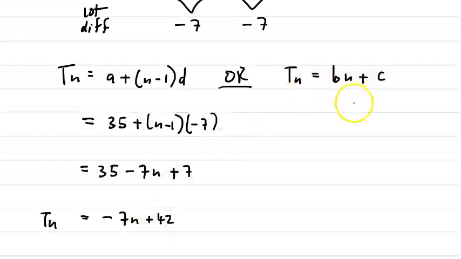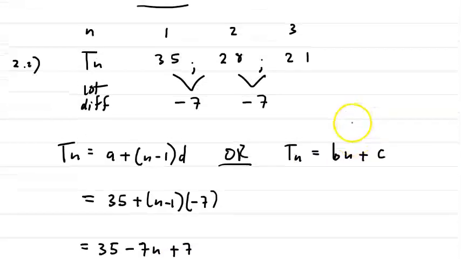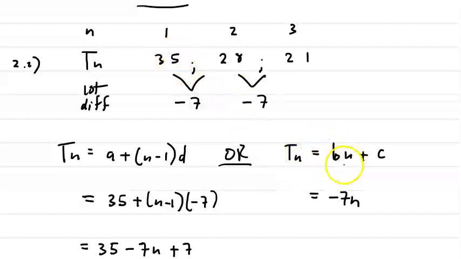If we're using the method which we used in the junior grades, where we don't use the formula, it will be as follows. Tn equals, in this case, b is the difference, so that's minus 7n. And c we get as follows. If we substitute n equals 1 for the first term, T1, it will be minus 7 times 1, which is minus 7.